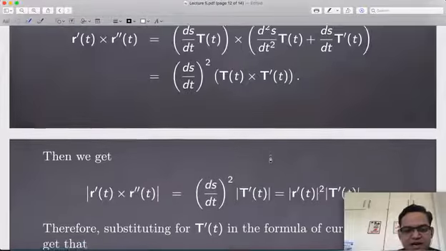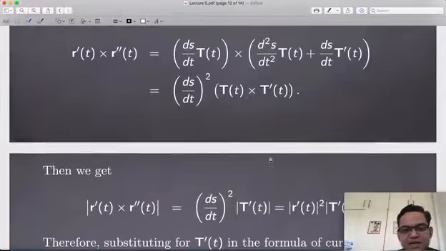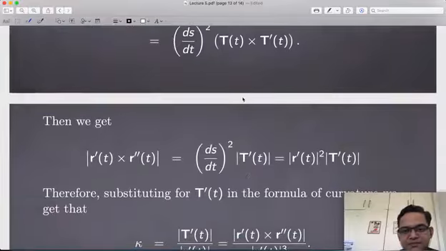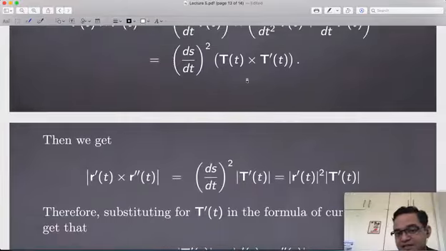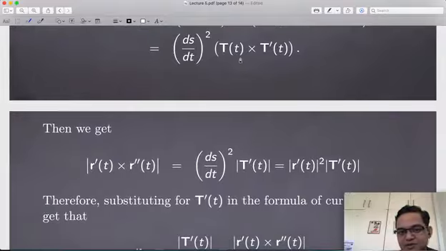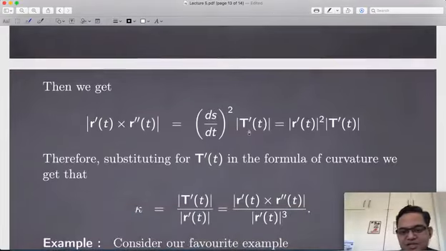Now I compute the modulus. You see this side I have now got T prime. When computing the modulus, I get the modulus of this and then the modulus of this, but T is a unit tangent vector, which means its modulus is 1. So in the modulus, the T part will go away, and only the T prime part will be left.